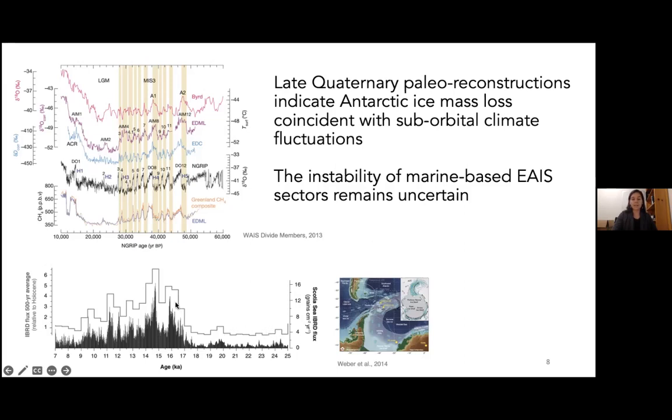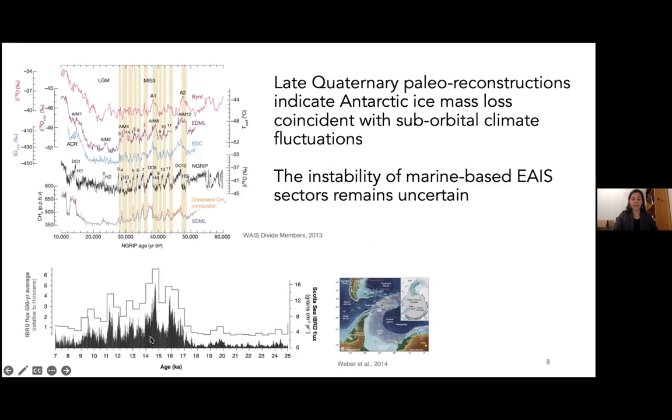And while this is very useful and a great way to use this IRD data, it provides us an integrated record. Well, it does, but just looking at the IRD record itself doesn't give us any information about the sources of that loss, or the timing of that loss.